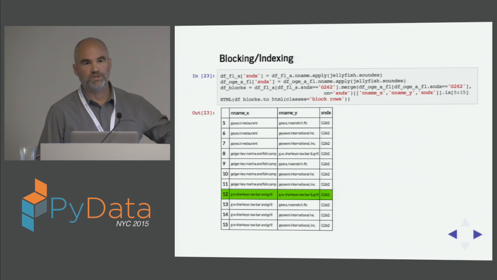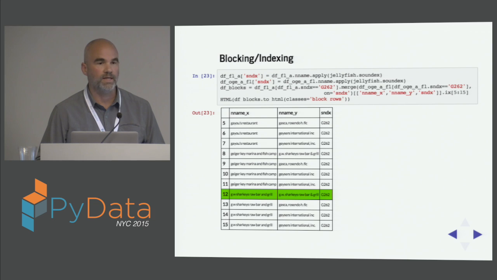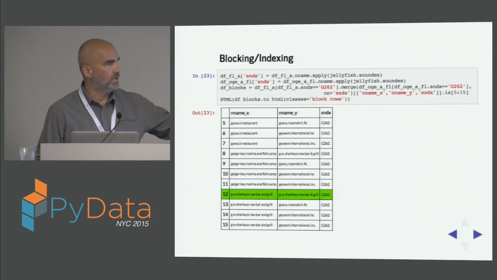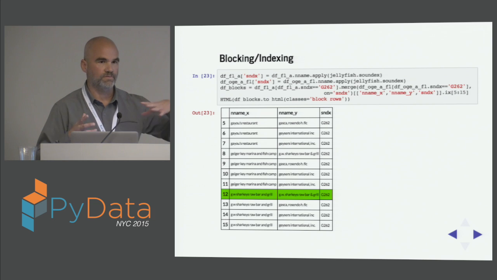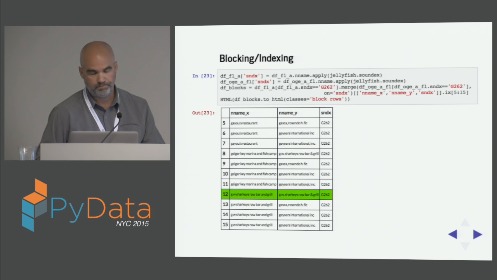Sort of a conventional way to do that, which doesn't work that well in a lot of cases, is to generate what's called a soundex code for the name. You can see here I've generated soundex codes for all of the names in both sources, and there's at least one there where it matches up. So if you were to use the soundex as the blocking code, you'd only have to match within this set instead of each name across each set.